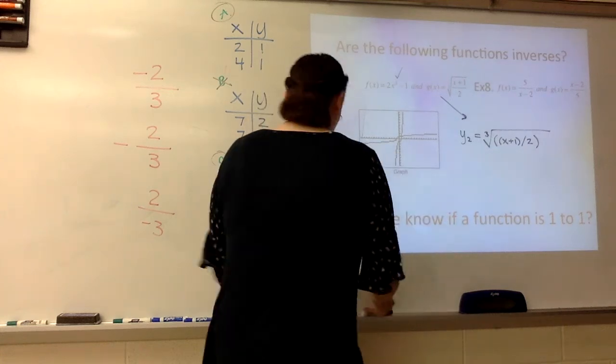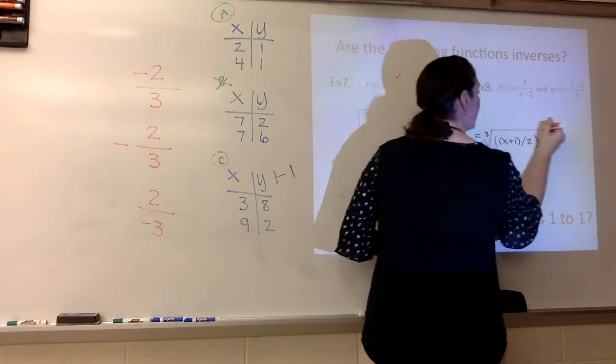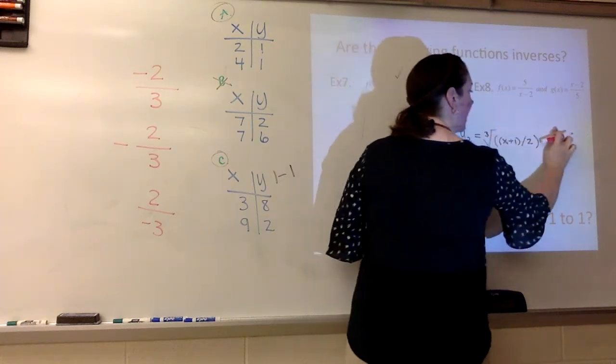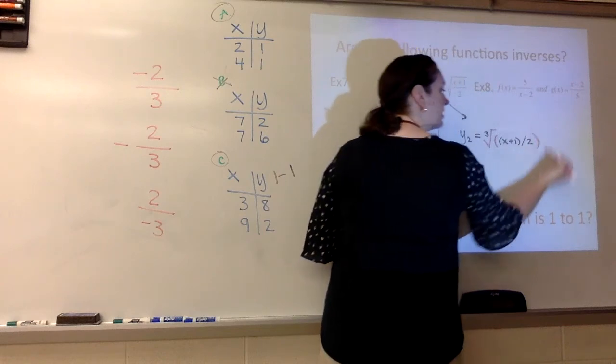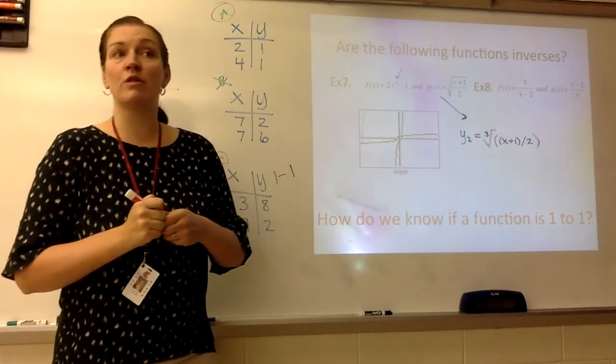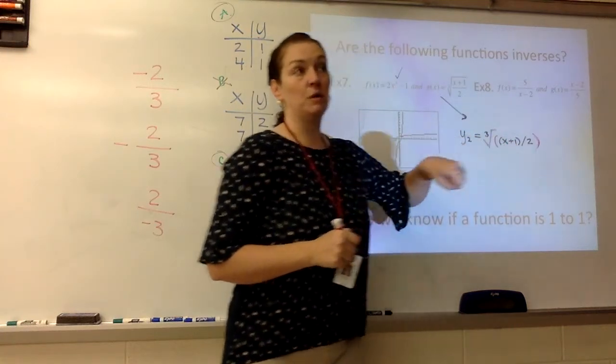This opening parenthesis has to do with everything that you want underneath the root. I'm going to need an ending parenthesis at the end to indicate all of that was under the root, but then I need the numerator divided by 2.